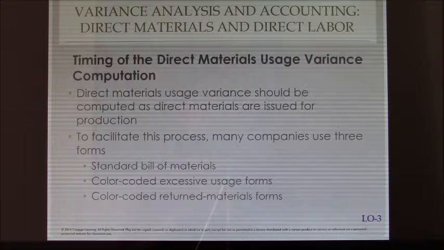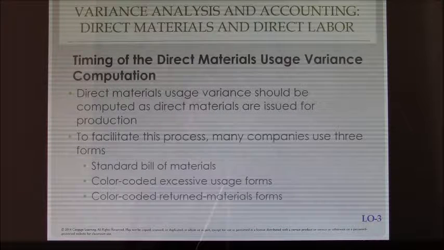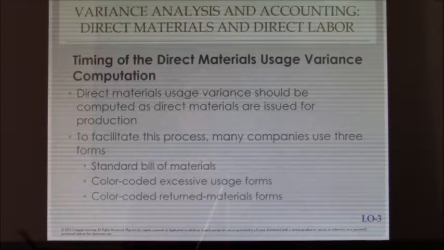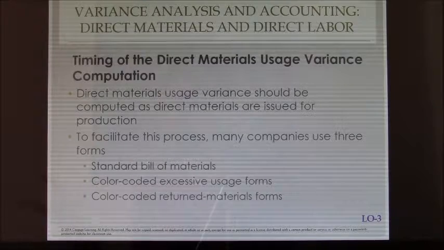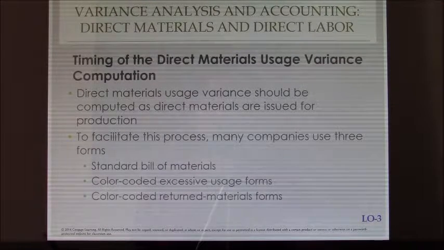The timing of the direct materials usage variance should be computed when they're issued. Many companies use special forms for when we get excess. Because obviously if you're doing materials usage, you've called for more, so you can figure that out at the time you do it.